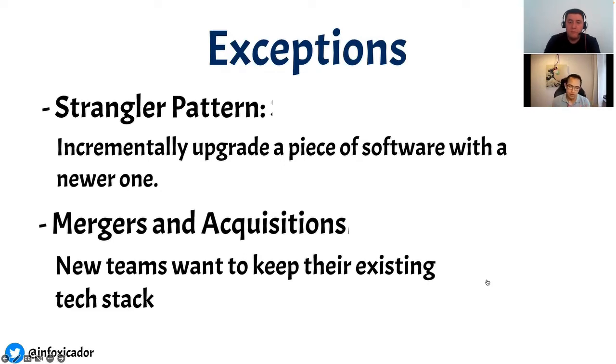Don't use multiple frameworks. The second exception is mergers and acquisitions. So this is another exception where, for example, there is a large company, they have their own tooling and technology. And then there is a new team, a new company has been acquired, and they bring their own tooling and their own tech stack.